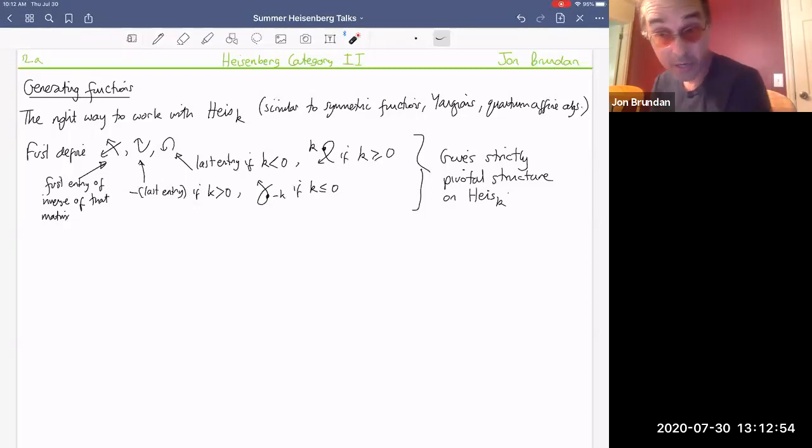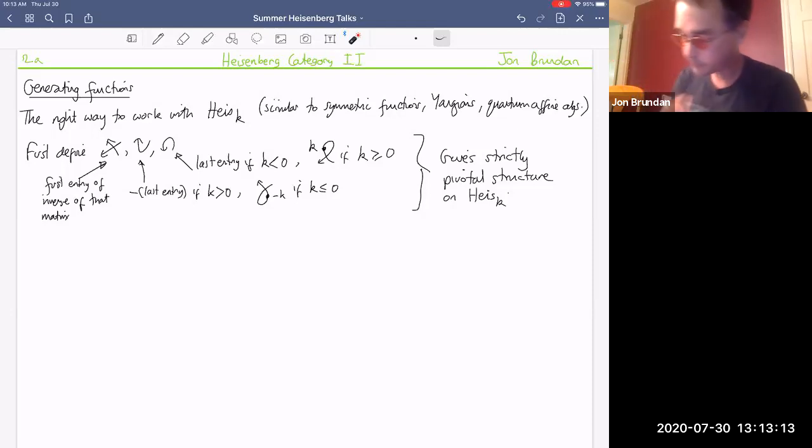Really, I think working with these sorts of categories like the Heisenberg category or categorified quantum groups and a bunch of other examples, it's similar to how you should work with things like symmetric functions or Yangians or quantum affine algebras. You should really use just generating function techniques. So let's just try and set that up so that you see how it goes.